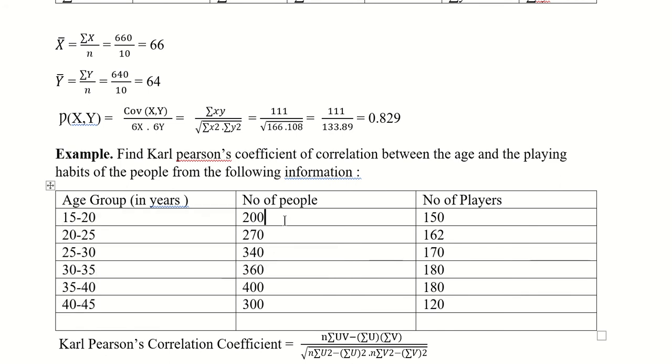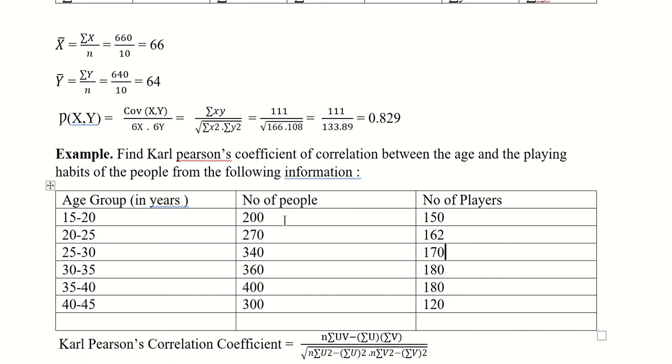And number of people in this age group, like in 15 to 20 there are 200 people, but out of 200 only 150 play a certain game. Similarly, in the 20 to 25 age group, there are 270 people, but out of 270, only 162 play any particular game.